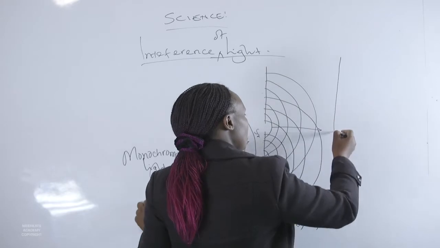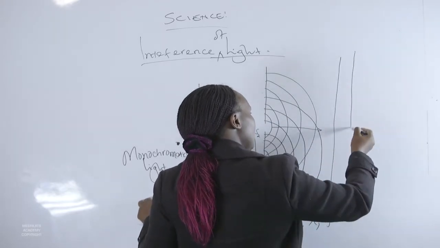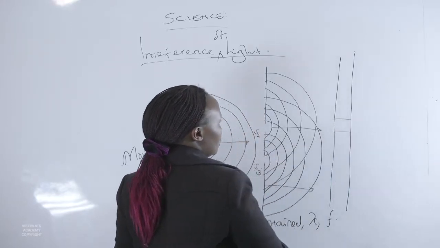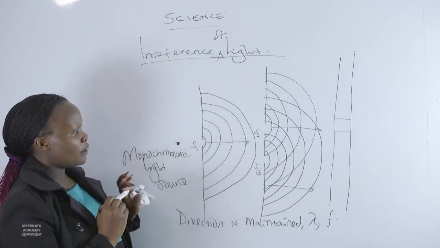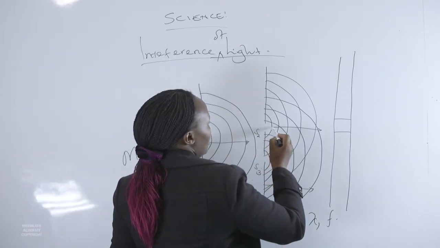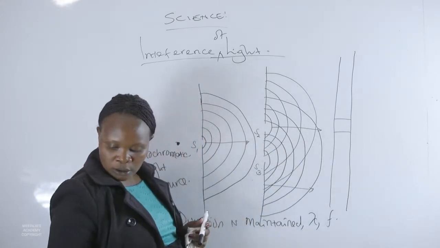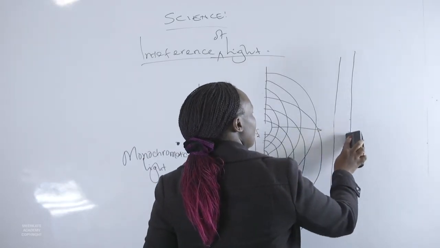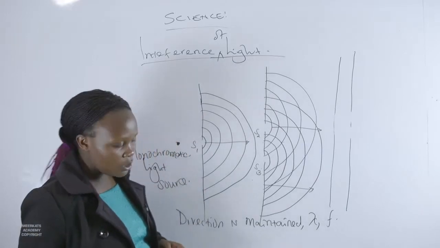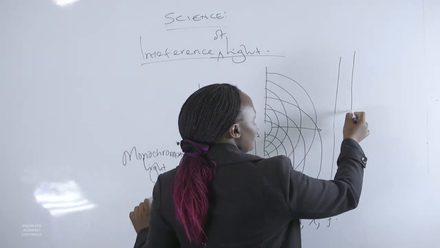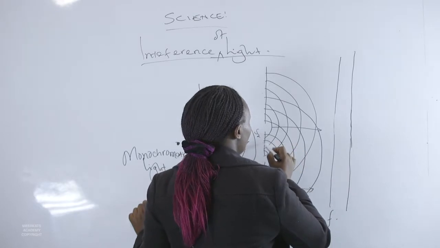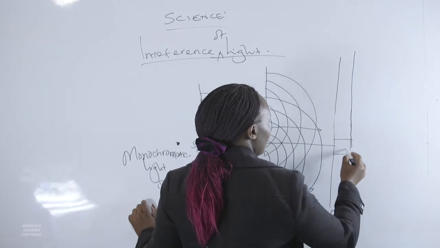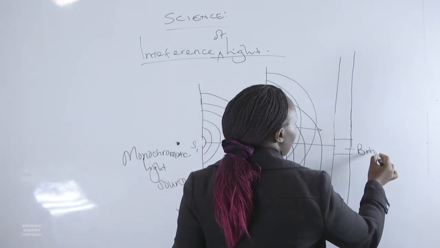Now, if you placed a screen somewhere there, so that now the center of your screen is equidistant from S2 and S3, we are going to experience the first bright fringe.